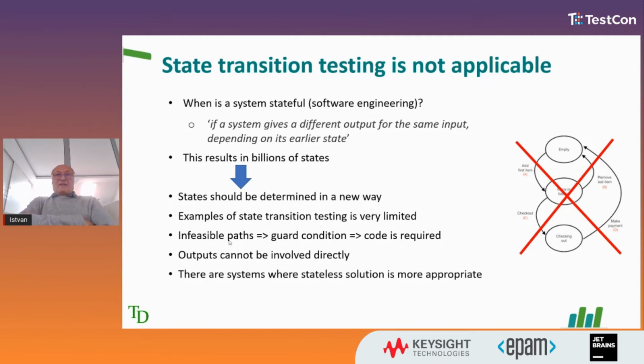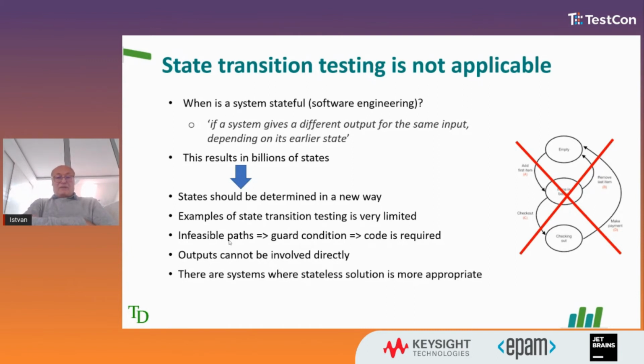However, it's not good for state transition testing because, for example, if we add several bikes to the cart, then the output will be different, 1, 2, 3, 4, 5, etc. But the input is the same, add one more bike. So it's not a good solution because it would result in trillions of states. So states should be determined in a new way.